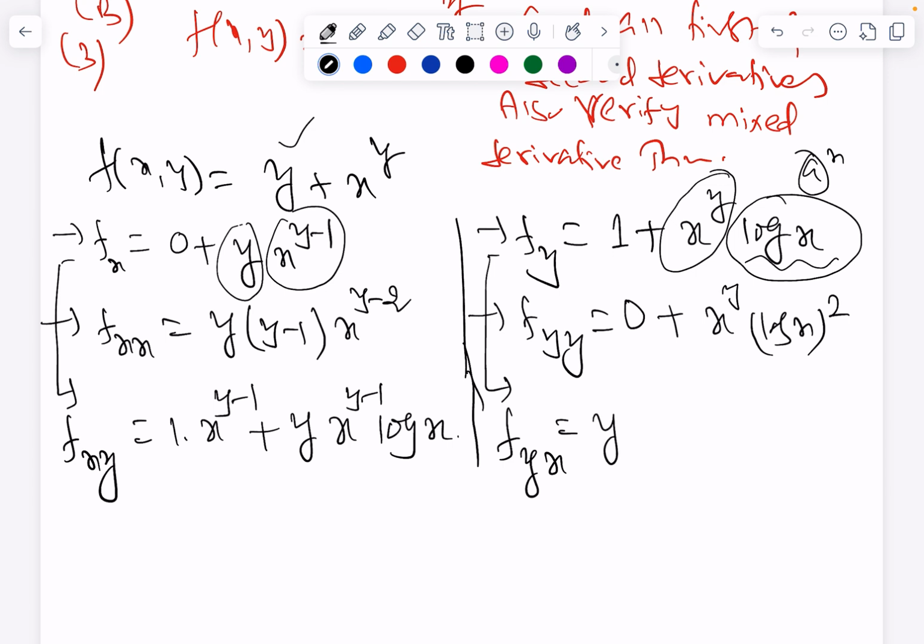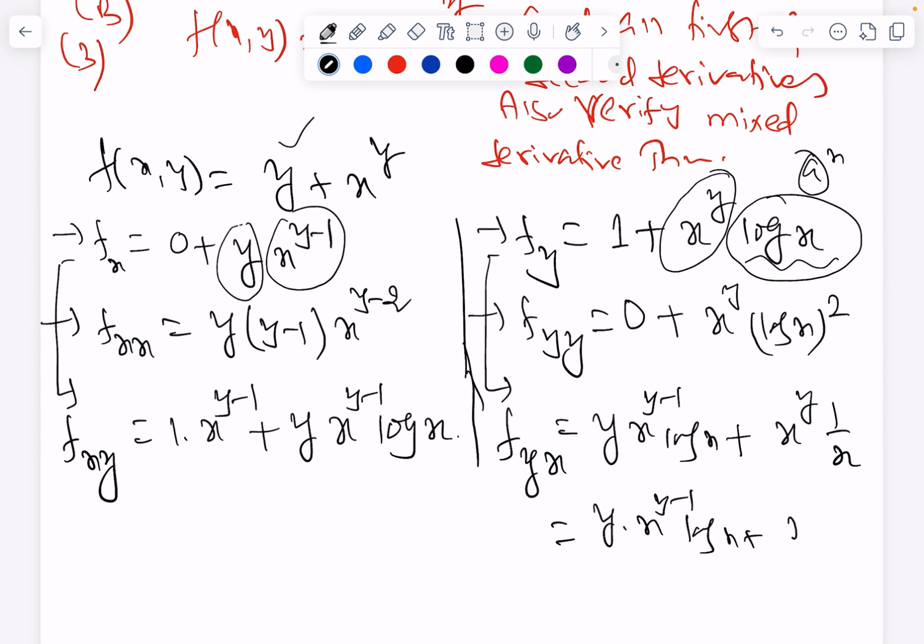So that derivative is y x power y minus 1 log x plus x power y, derivative of log x is 1 upon x. So this is equal to y into x power y minus 1 log x plus x power y divided by x, so x power y minus 1.